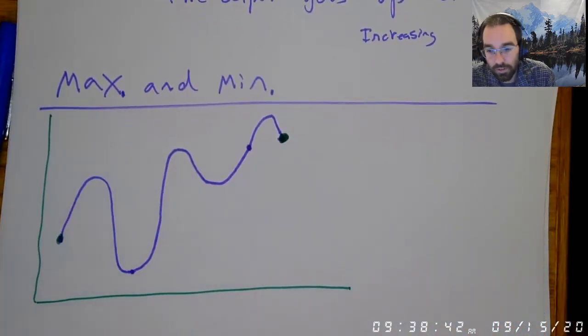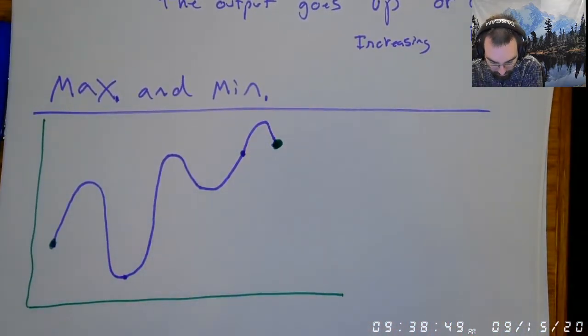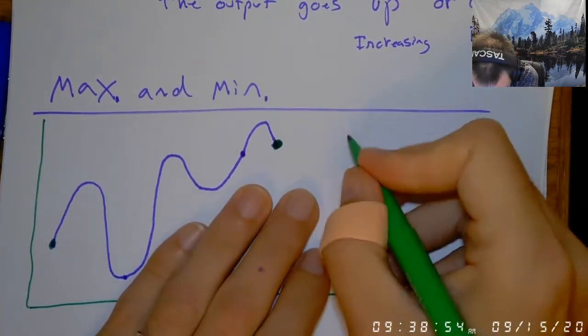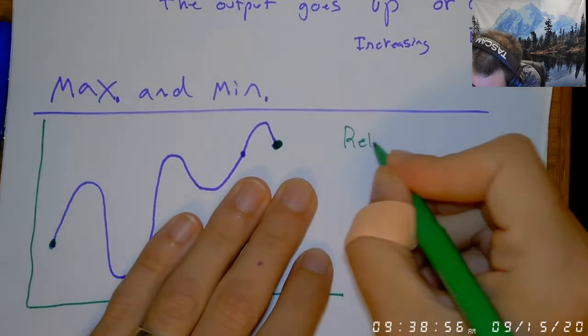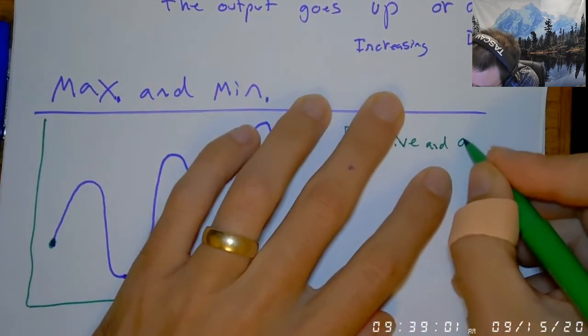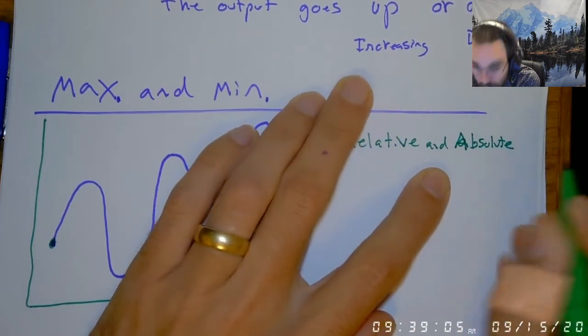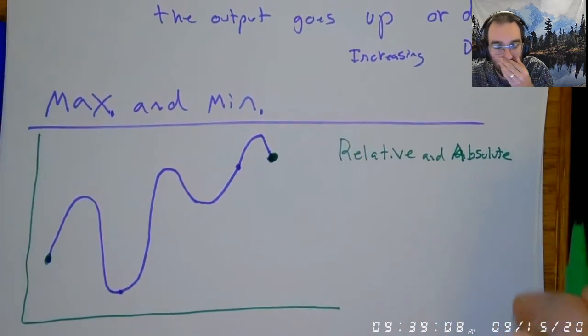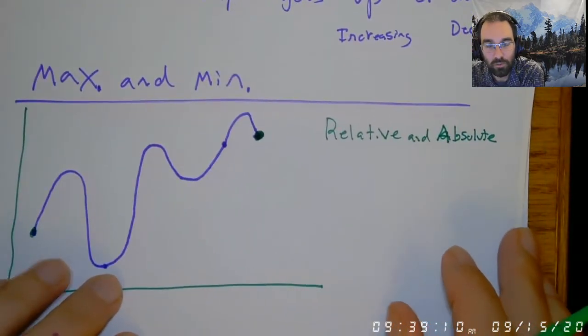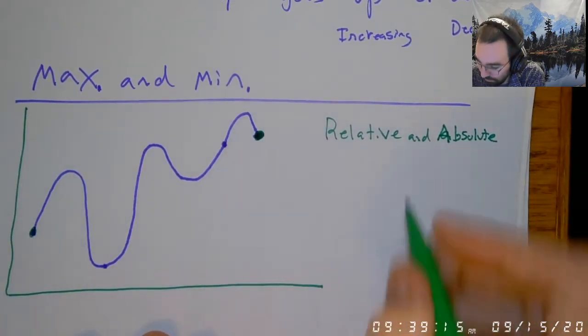Okay, so there are two types of maxes and mins. So in the dangerous world we live in, there are multiple ways to name these. Your book uses relative and absolute. Which is also an alcohol, so make sure you're careful when you're telling your parents what you learned about today. So relative and absolute max and min.